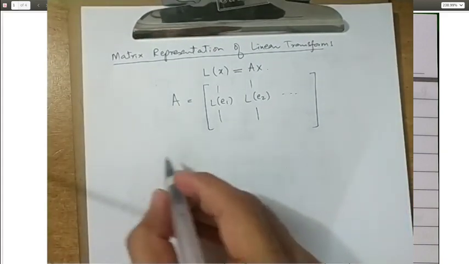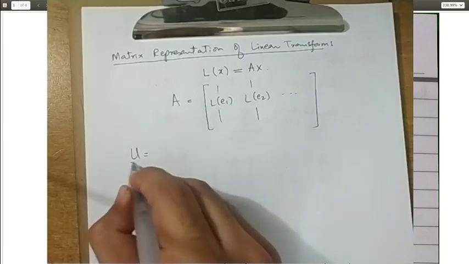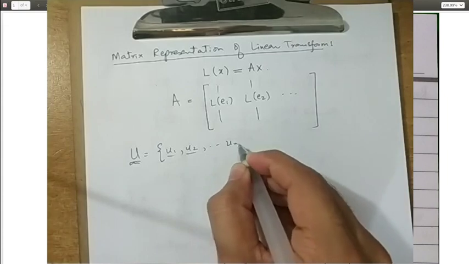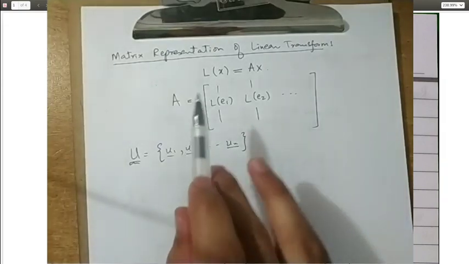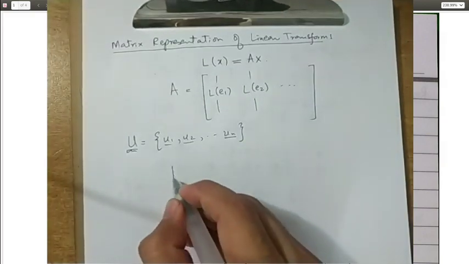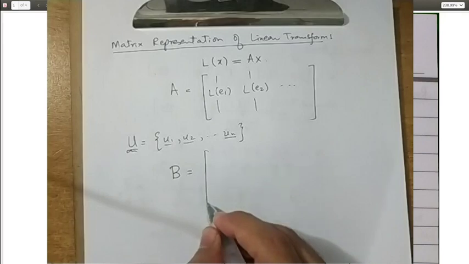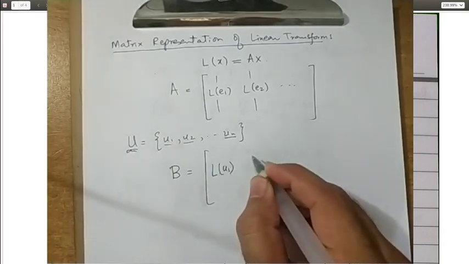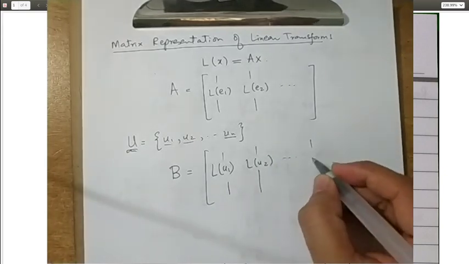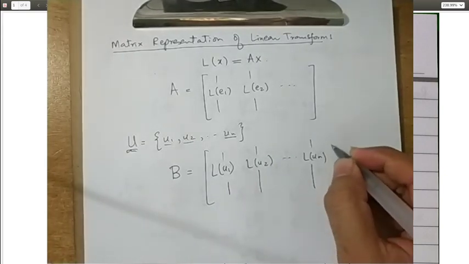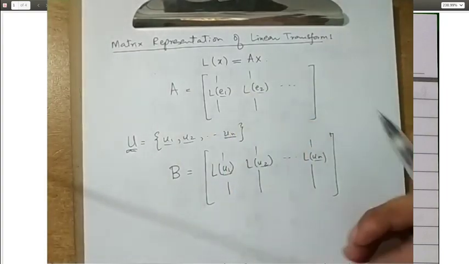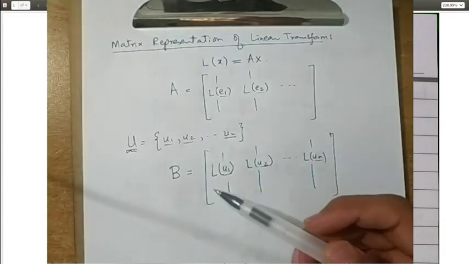But if I'm working with a non-standard basis, let's suppose I'm working with the bases U1, U2, and Un, then the matrix representation of this linear transformation will be different, and it will actually be a matrix of the sort L(U1), L(U2), and up until L(Un). Right? So this is how you will construct A and this is how you will construct B.